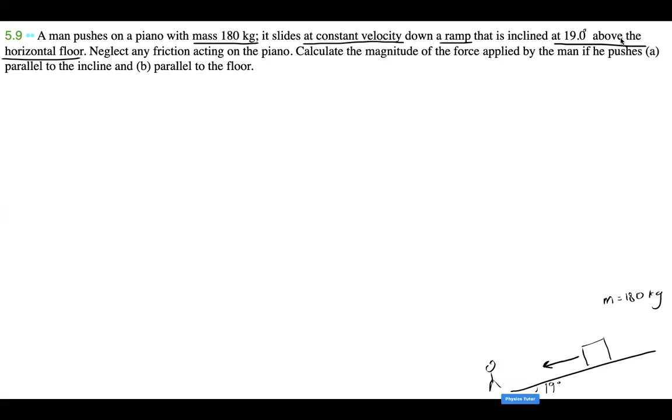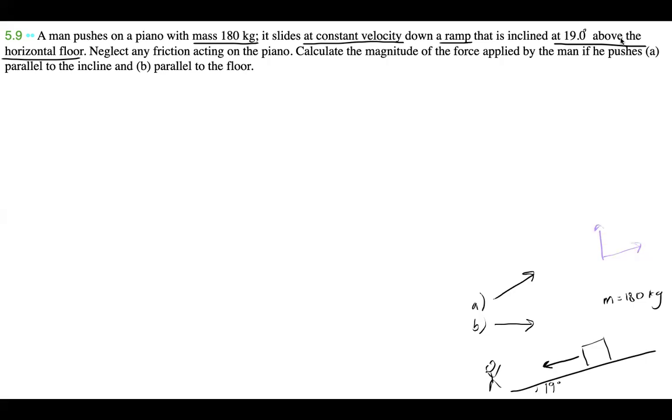So there's some man and he is pushing either in A parallel to the incline, right? Or B parallel to the floor, right? So those are our two possible directions. And as we do in every single problem, we want to go ahead and create a little coordinate system.